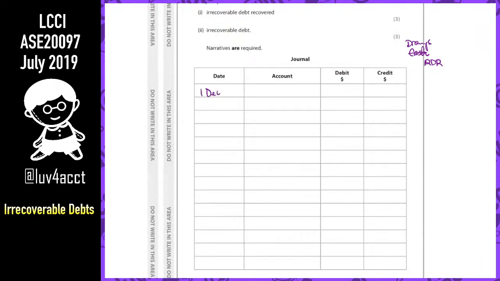Narratives are required. So we have that amount, 3750 drawings, 3750 irrecoverable debt recovered.